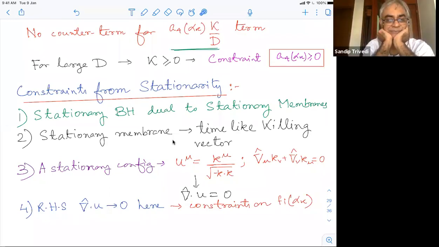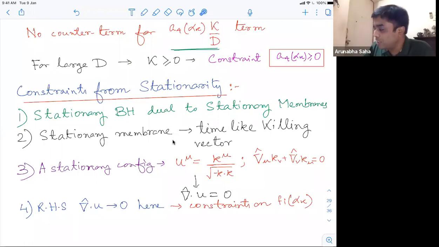So, as I said, there are stationary membrane solutions and black hole solutions, dual to stationary black hole solutions. The stationary membranes are defined by the presence of time-like killing vectors and invariance of the membrane objects under the Lie derivatives along this time-like killing vector.